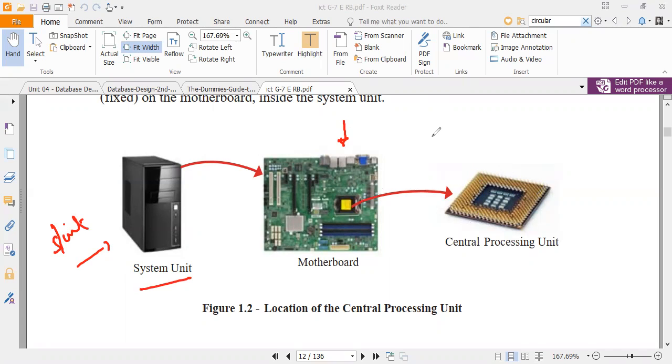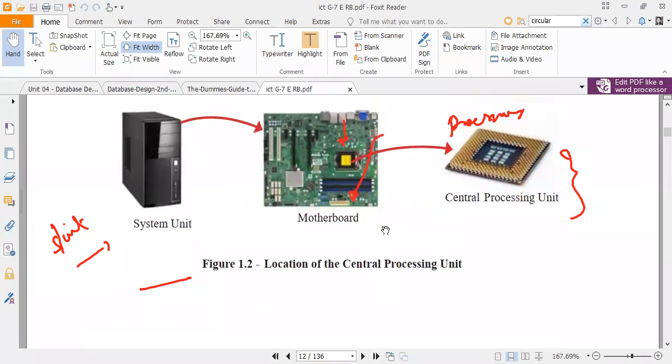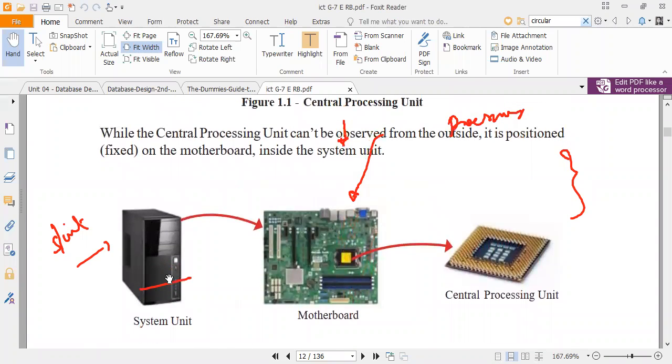The motherboard is inside the system unit, and the CPU, or processor, is fixed on the motherboard. Now you can see the location of the central processing unit.